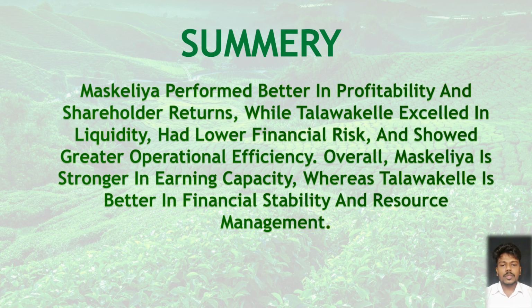Muscalia performs better in profitability and shareholder returns, while Thalakale excelled in liquidity, had lower financial risk, and showed greater operational efficiency. Overall, Muscalia is stronger in earning capacity, whereas Thalakale is better in financial stability and resource management.